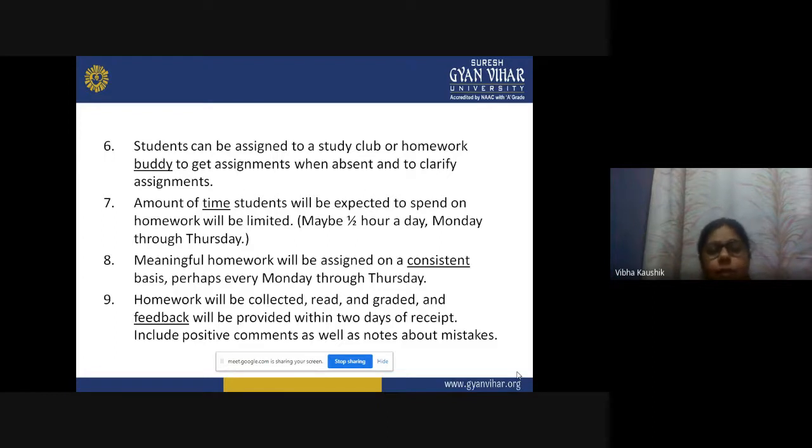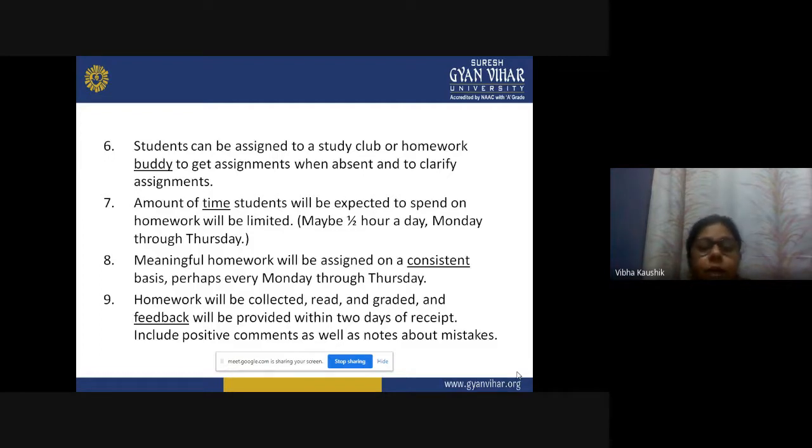Homework will be collected, read and graded. First we have to collect the homework, then we have to read it, and on the basis of their performance on the homework we have to grade them and give feedback. And on the basis of the quality of their homework, how they have done their homework, we have to give them the feedback.